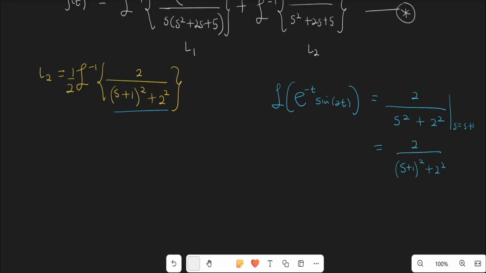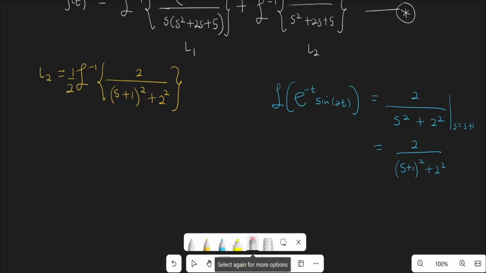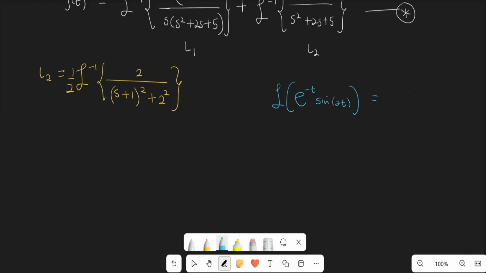So you see that this one and this one are the same. So this is the Laplace transform of e to the negative t multiplied by sine of 2t, which is 2 divided by s plus 1 all squared plus 2 squared. That means that taking the Laplace inverse of 2 divided by s plus 1 all squared plus 2 squared returns e to the negative t multiplied by sine of 2t.